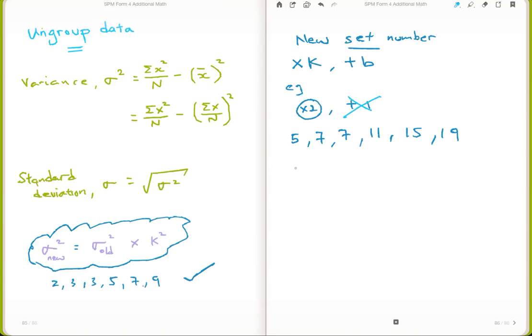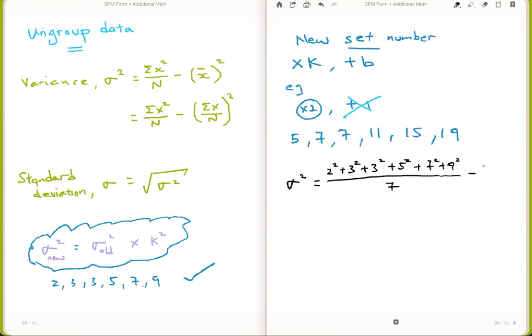But before that, you should find out what's the old variance. Therefore it will be equal to 2 squared plus 3 squared plus 3 squared plus 5 squared plus 7 squared plus 9 squared, over 7. Maybe you can help me out by using a calculator. Subtract.